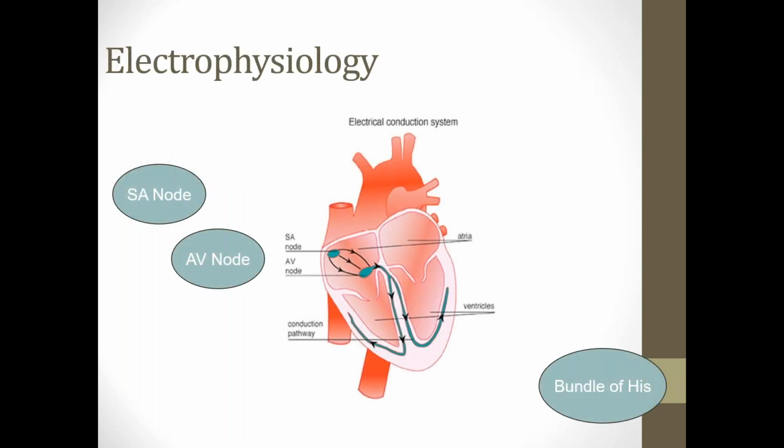So basically, electrophysiology is about the electrical side of the heart. You have two areas of the heart. You have your SA node, your sinoatrial, and then you have your AV node, your atrioventricular. So your SA node controls your atria, and then you have your AV node that controls the ventricles. Now think of it this way: it receives a signal from the brain.